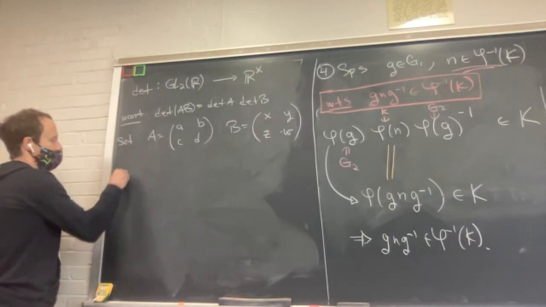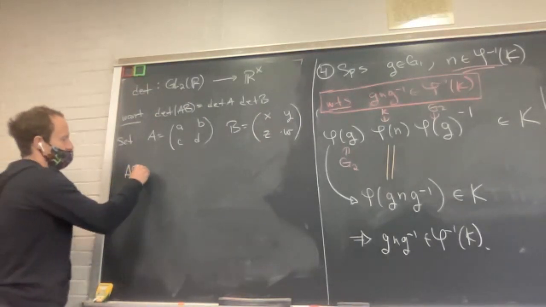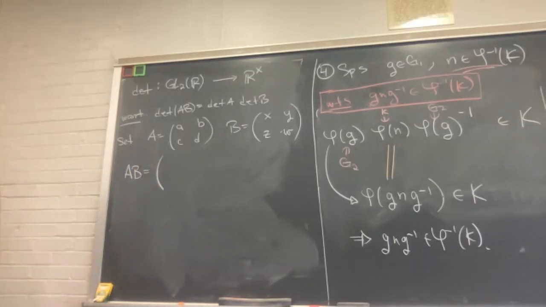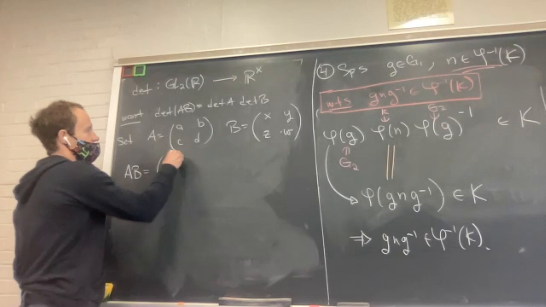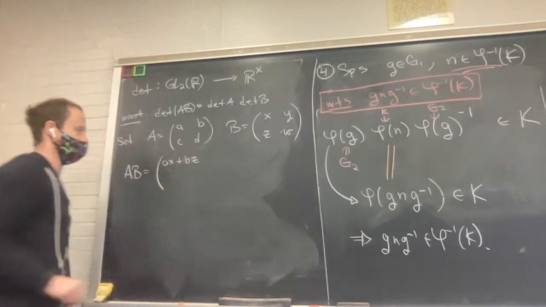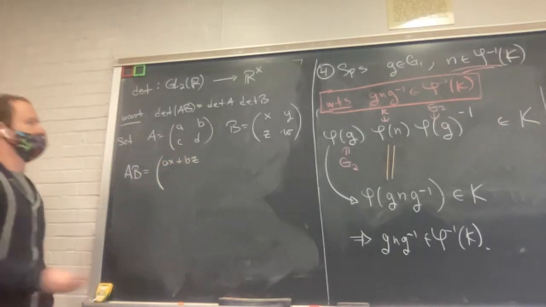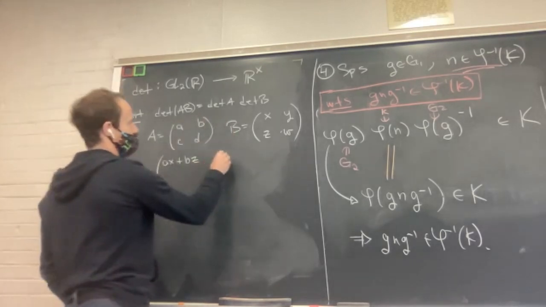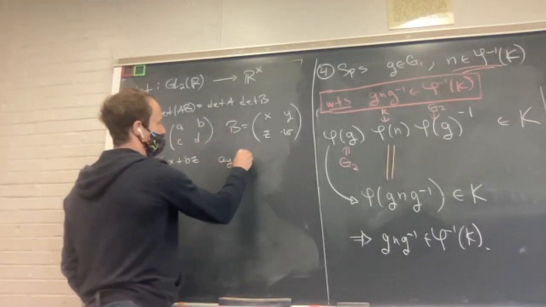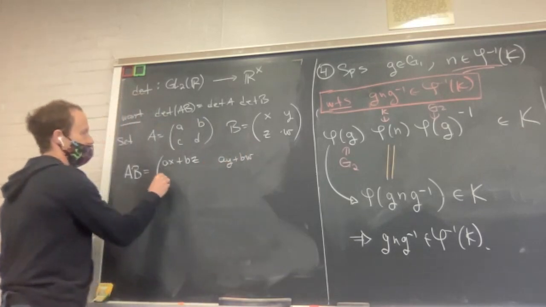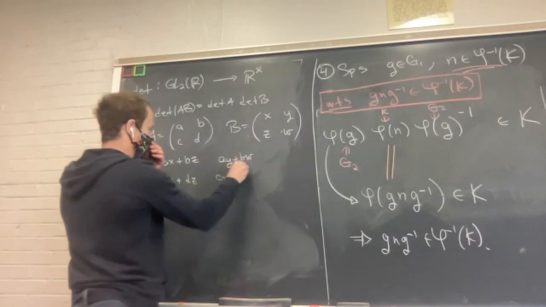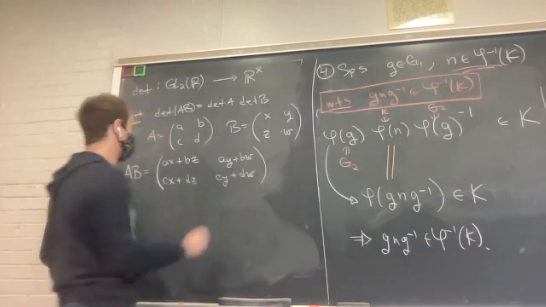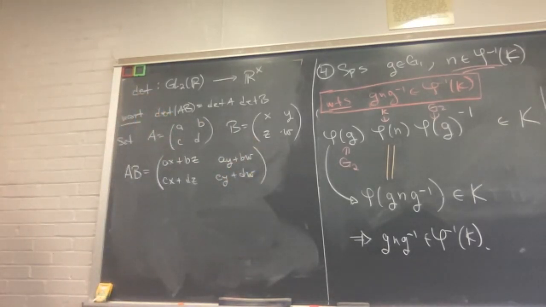Before we get started, let's calculate AB. The first entry is AX plus BZ, then AY plus BW, CX plus DZ, CY plus DW. So there's AB.